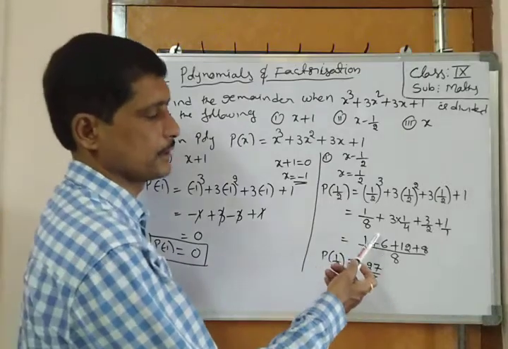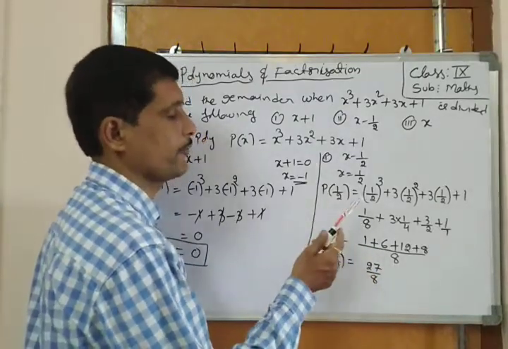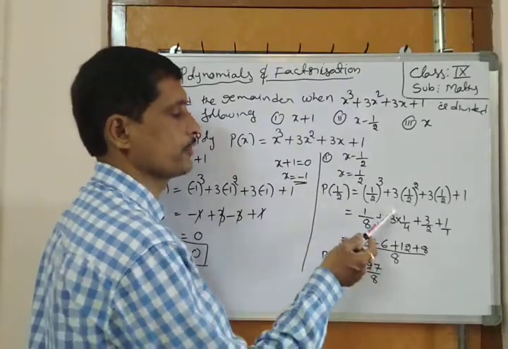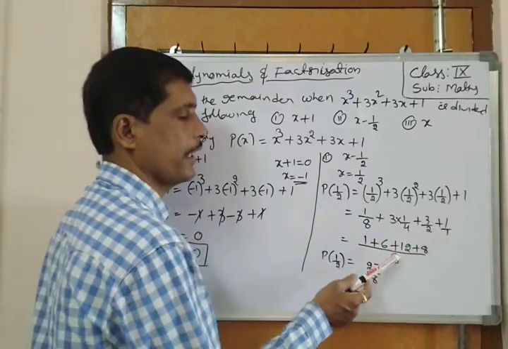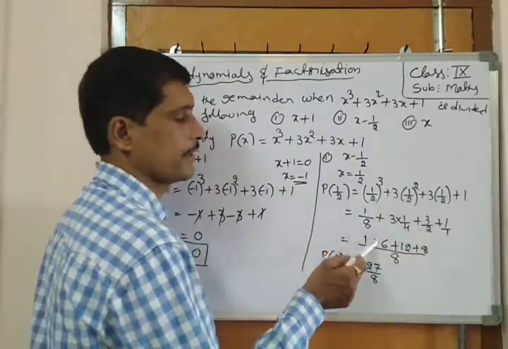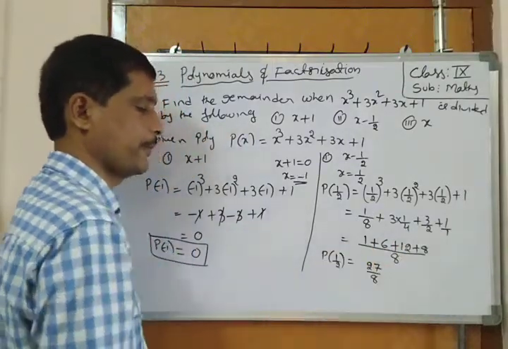Here the LCM is 8. 8 in 8 is 1 time, 1 into 1 is 1. 4 in 8 is 2 times, 2 into 3 is 6. 2 in 8 is 4 times, 4 into 3 is 12. Next 1 in 8 is 8 times, that is 8. Add all: 1 plus 6 plus 12 plus 8, that is 27 by 8.